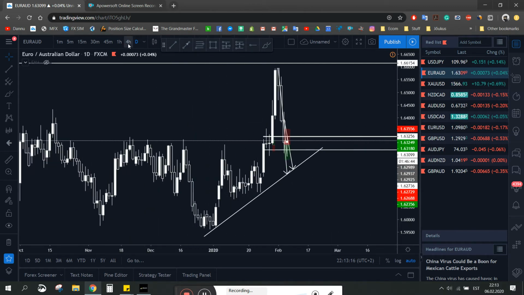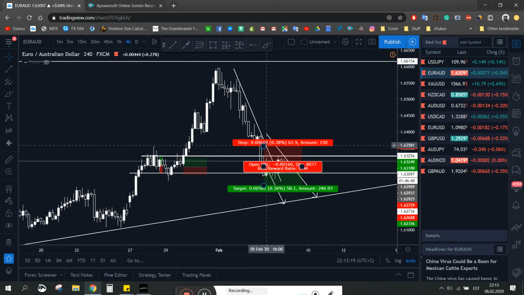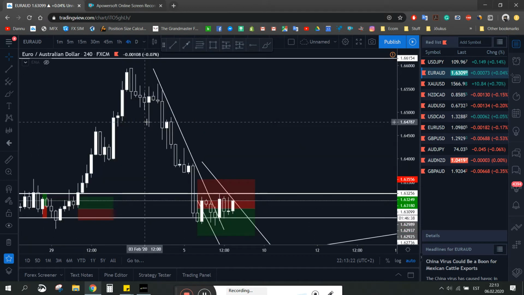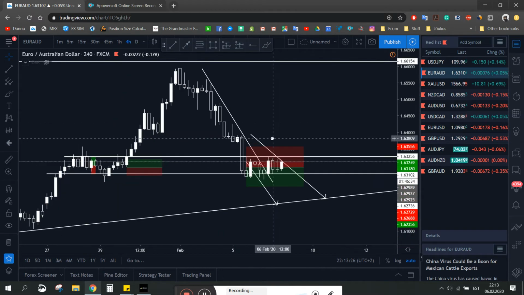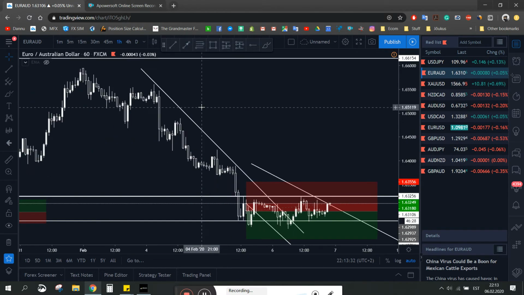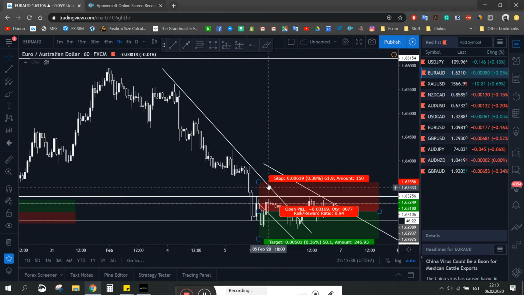On the daily it looks like it's in an uptrend, but more recently it's a downtrend. I was thinking about selling to this trend line, and it looks like there's a one hour trend line here.